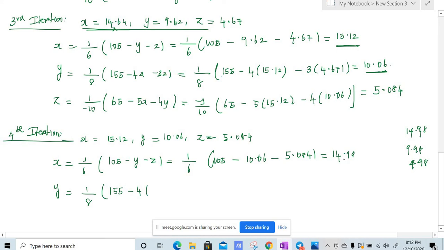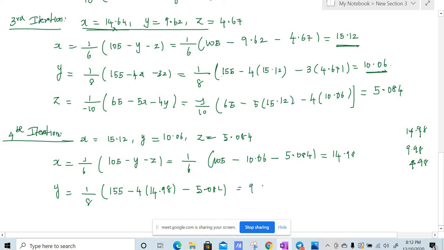For x, you need to make use of this value, right? You should always choose the updated or latest value. So it is 14.98 minus z, which is 5.084. In the previous step only x was updated, y and z remain the same.